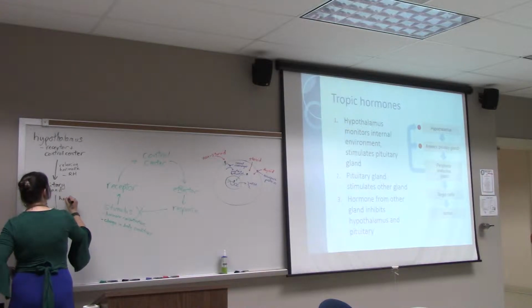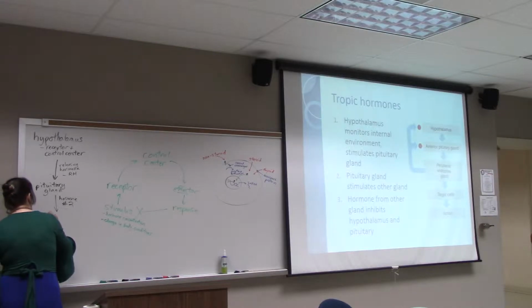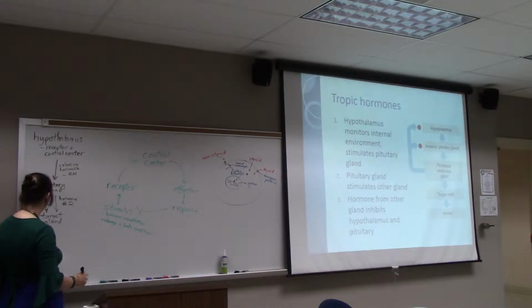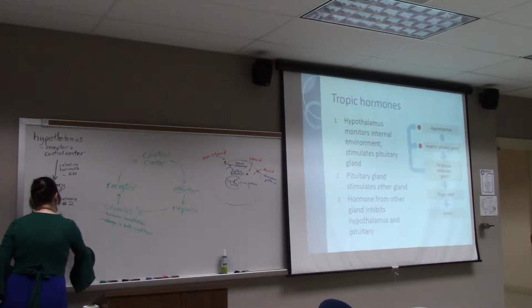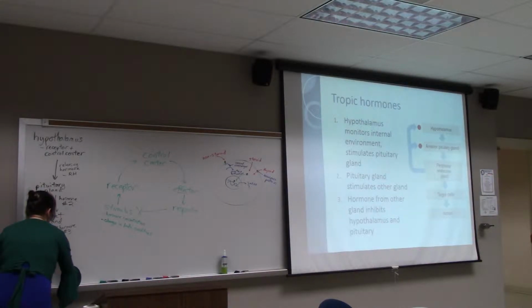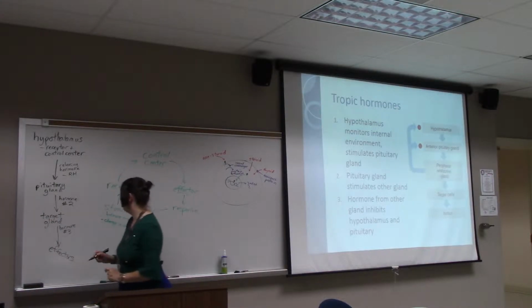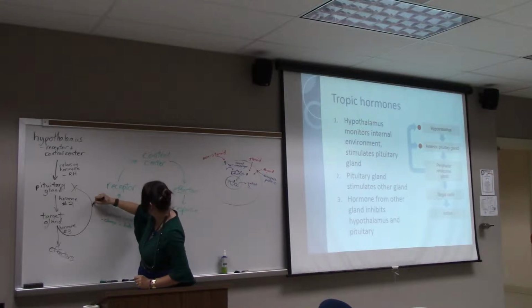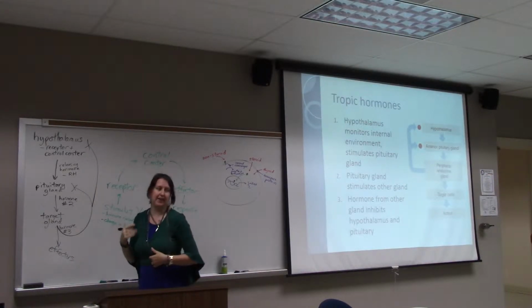We'll just call that hormone number 2 for now. Hormone number 2 stimulates the target gland, and then its hormone, number 3, is going to stimulate the effectors, and it's going to inhibit the pituitary and the hypothalamus.